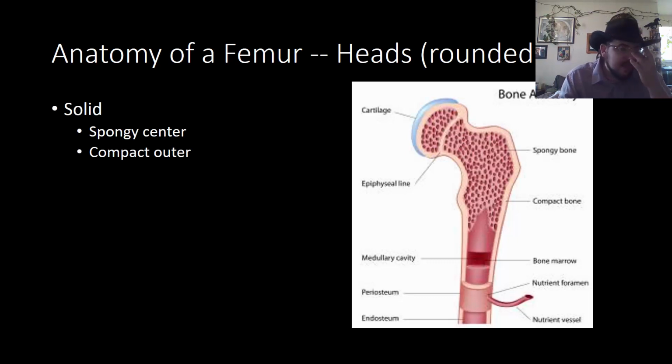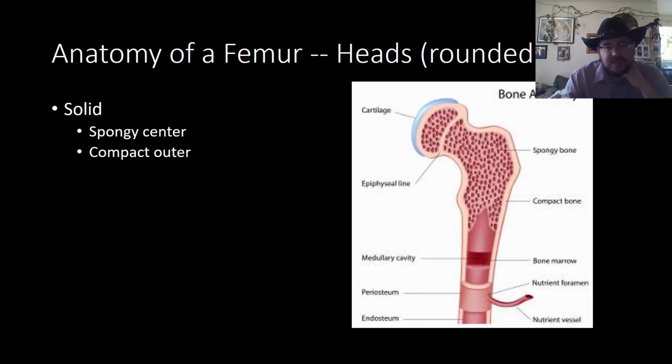So we have a solid head structure. So it's compact bone around the outside, providing strength, but we have a thick, dense, spongy center. Well, thick and dense is the bad word there to use. It's filled in completely with spongy bone.